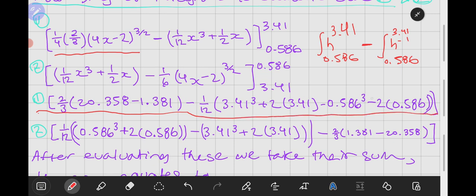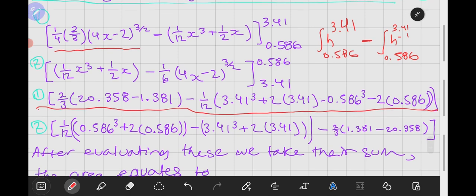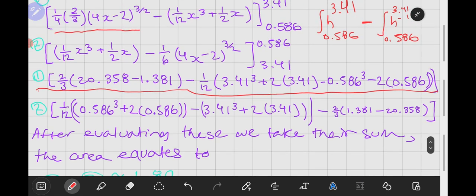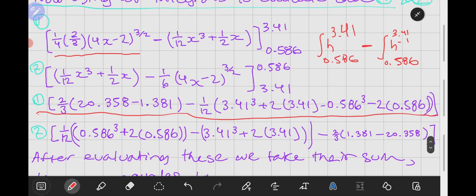And then for a second integral evaluated at these restraints, you get 3.41 cubed plus 2 times 3.41 minus 0.586 cubed minus 2 times 0.586. And then for our second situation, we get the following. Okay, so I'll just give it a moment.